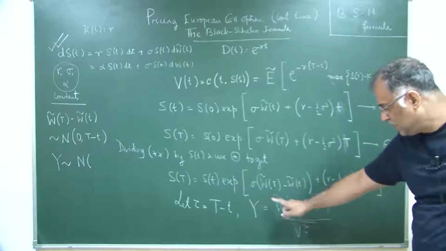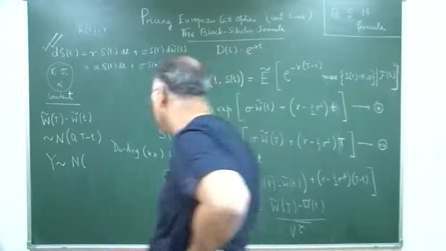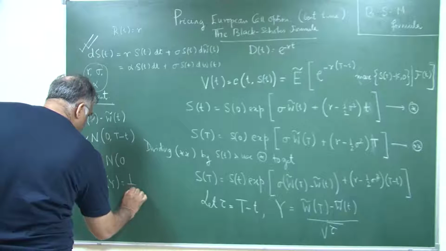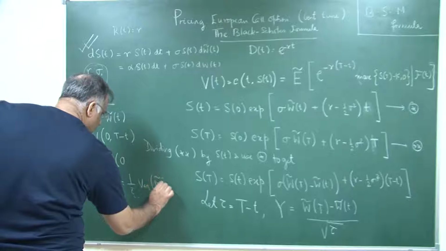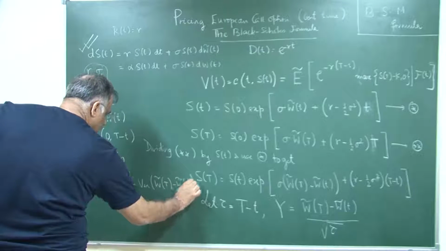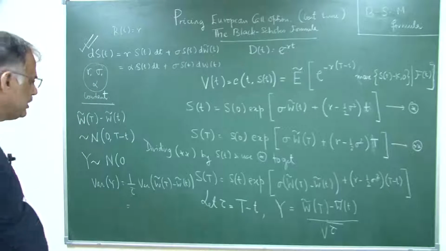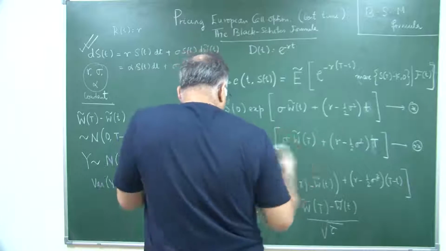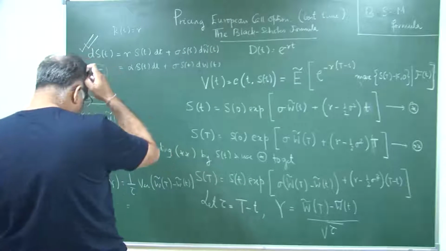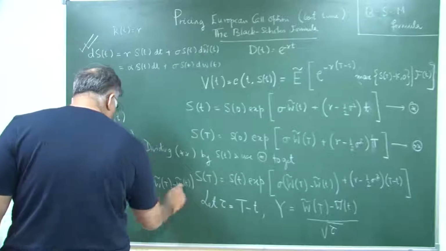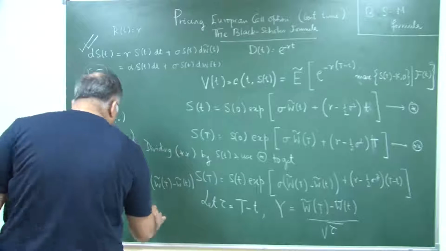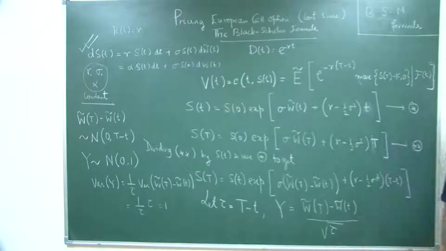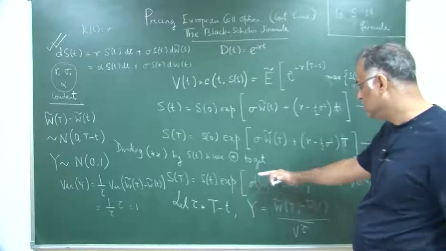If you take the variance of Y, the mean would be 0, and the variance becomes 1 by tau times the variance of W tilde T minus W t, just by the basic formula for variance. There is just one variable here, W tilde T minus W t. So it is 1 by tau times the variance of this, and the variance of this is of course tau, T minus t. So it is 1. So Y is now a standard normal variable. This expression has to be kept in mind.